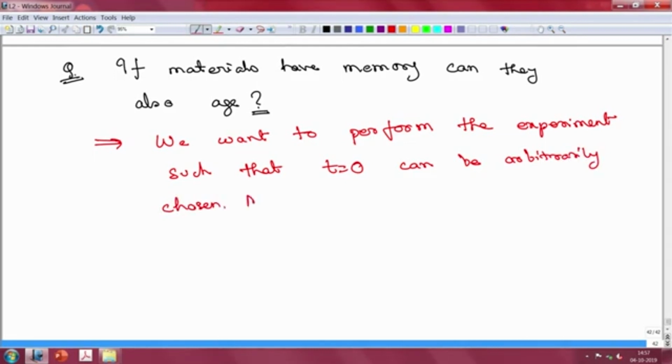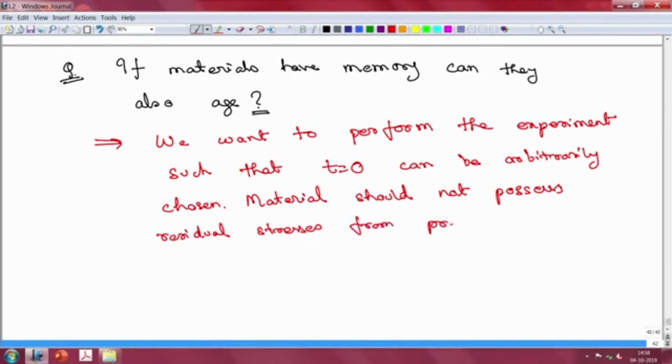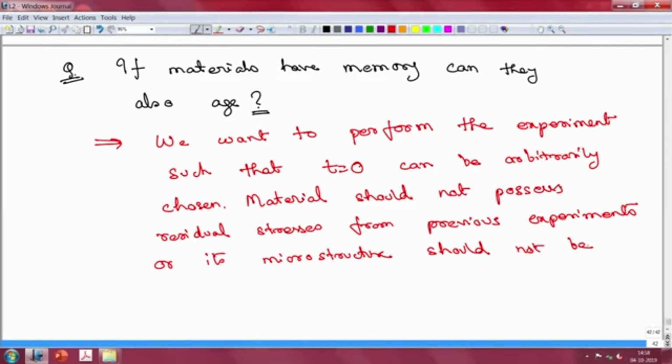The material should not possess residual stresses from previous experiments, or its essential microstructure should not be changing as a function of time.